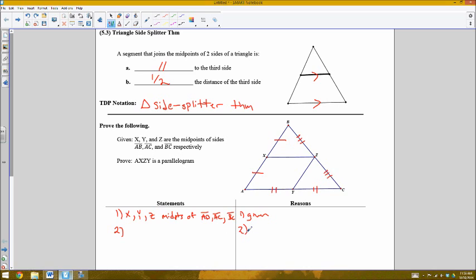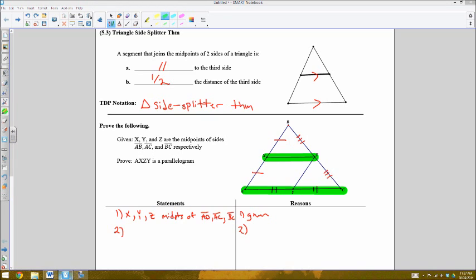Well, you may have already figured out how we're going to use the triangle side splitter theorem. But if not, let me point out that since XZ is the segment that connects the midpoints of two sides of a triangle, it's going to be parallel to the third side and equal to 1/2 its length. Now, in this particular case, I'm trying to prove something's a parallelogram, so I'm not going to be too interested in the second portion of the theorem, which talks about it being 1/2 its length.